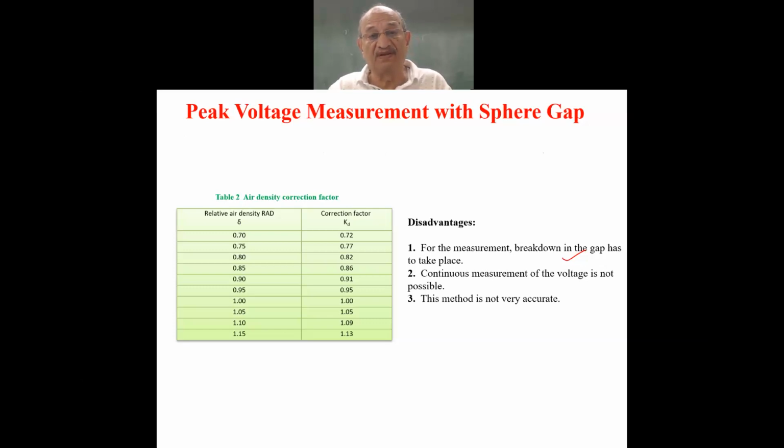It measures even the AC power frequency peak value, because the breakdown always occurs at the peak value. In DC, the question of peak doesn't arise, but in impulse voltage, it is only the peak. So in one way, it is a very good method, but having certain disadvantages.